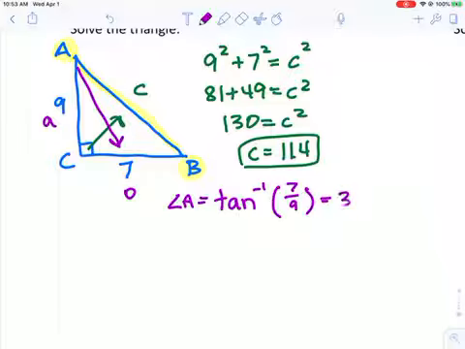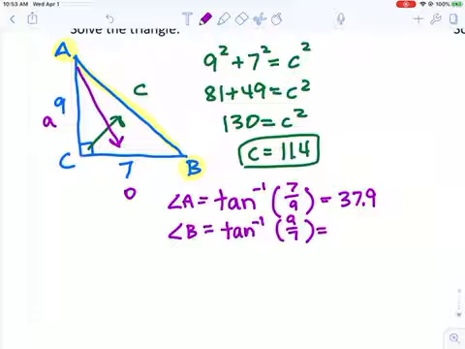And we get 37.9. To find angle B, you could use the same numbers in the inverse.